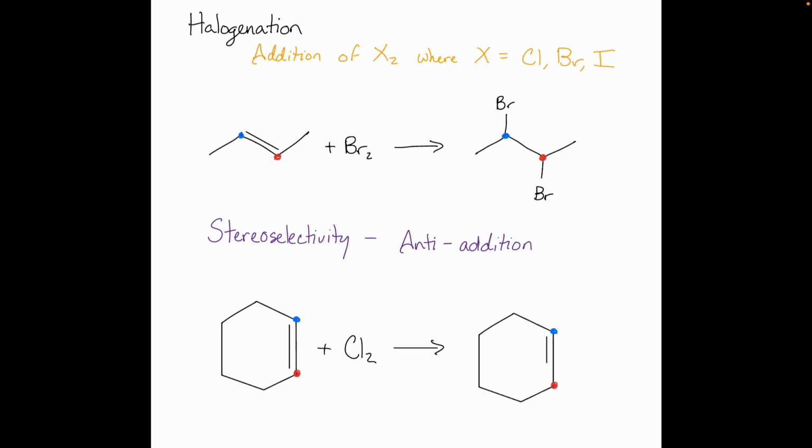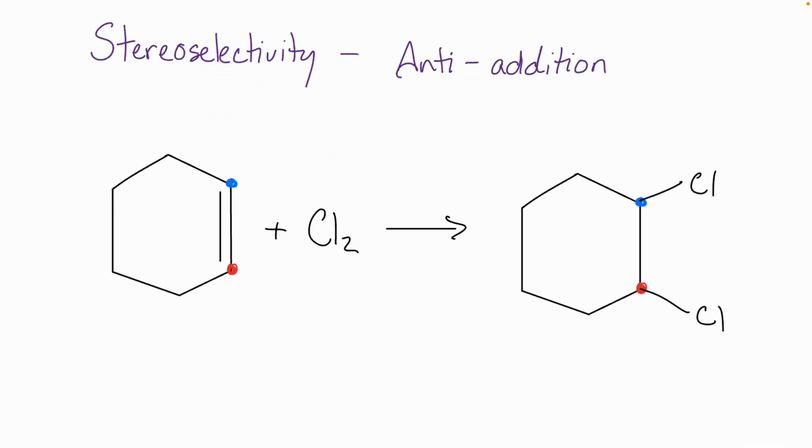That stays the same. Okay, so I'll just put those in. All right, but I'm not quite done here. Remember, with these rings, we have both these cis and trans stereochemistry conformations that we can draw.